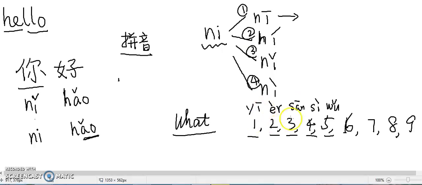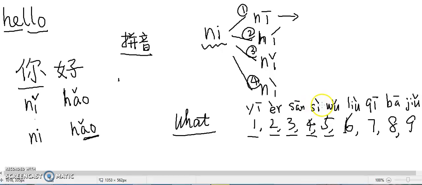When you learn them individually, it's yi, er, san, si, wu, liu, qi, ba, jiu. But when you read them together, it still has to be the same.